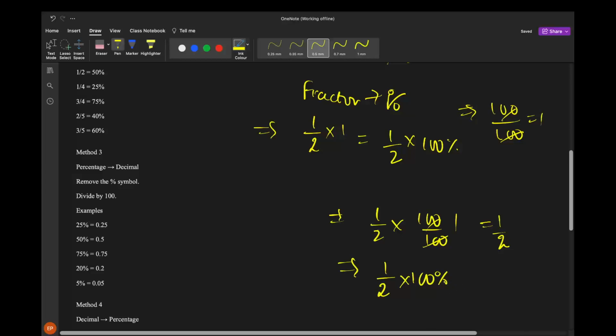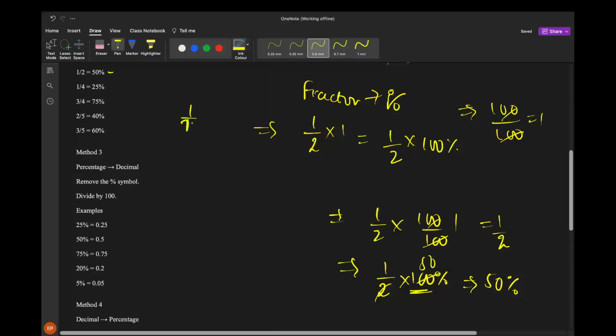Basically the percent symbol tells that it is divided by 100. So 1 by 2 into 100% gives 1 twos are 2, 50 twos are 100, which gives us 50%. We just divided the number, percent remains the same, so 50%. Here you can see 1 by 2 means 50%.